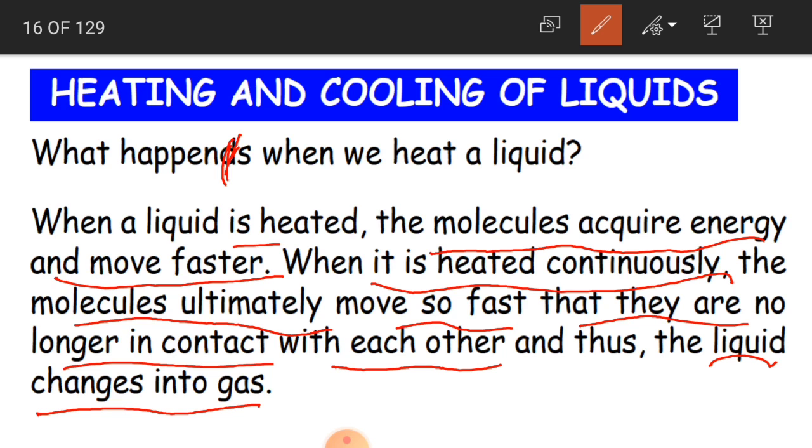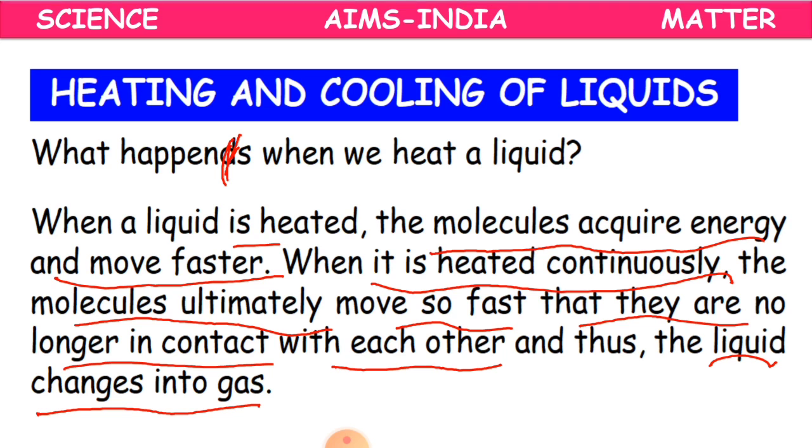Now they are free. As we have learned, in the gas form, molecules are like free birds. So they are not going to get into contact with the other molecules. Then the liquid is going to change into gas. Clear, children? This is what happens when any liquid is heated, and that liquid changes into gas.